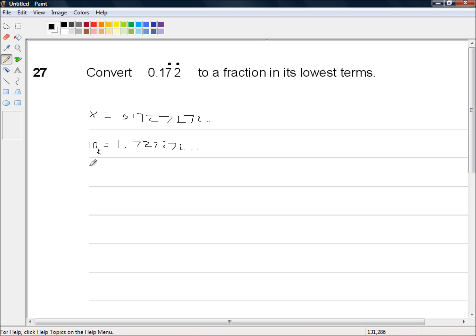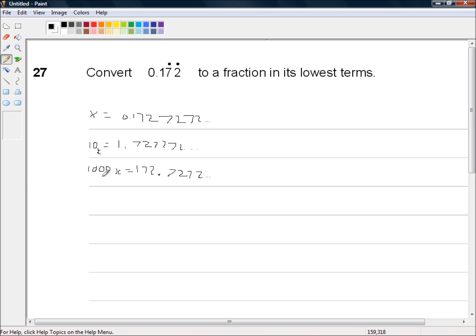So we have 1000x this time, is equal to, and you'll see why in a second, 172.7272 dot dot dot. What I want to do is keep these 72s lined up, which is why I multiplied the 10x by 100.